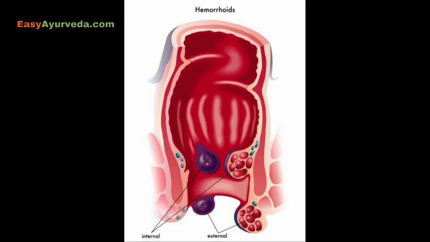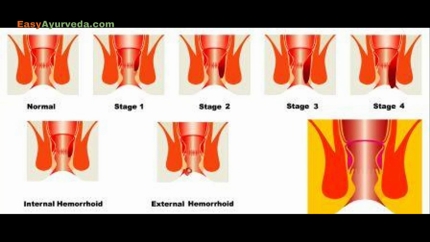Any negative pressure on these makes them swollen. When the pressure is reduced in the portal vein, the hepatic vein and the mesenteric vein, the pressure on the rectal veins will also be reduced, and thereby the swelling won't take place. So in both directions it will be helpful, and that's the reason it is good for arshas.